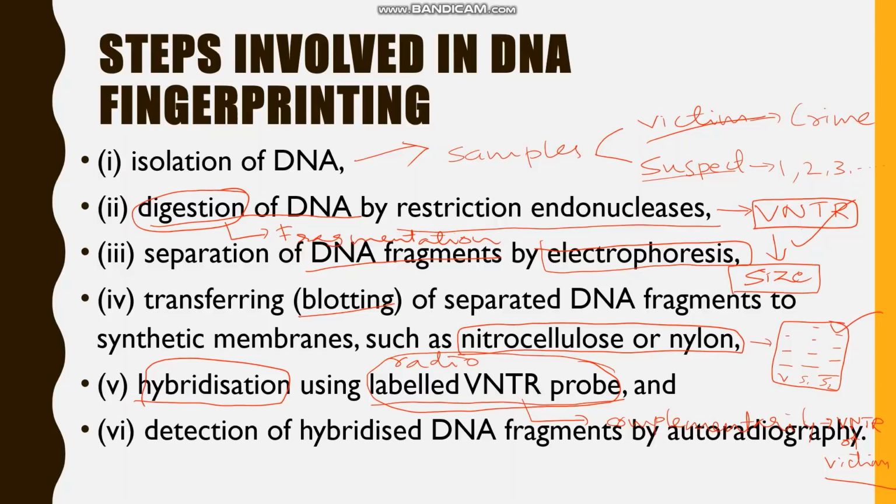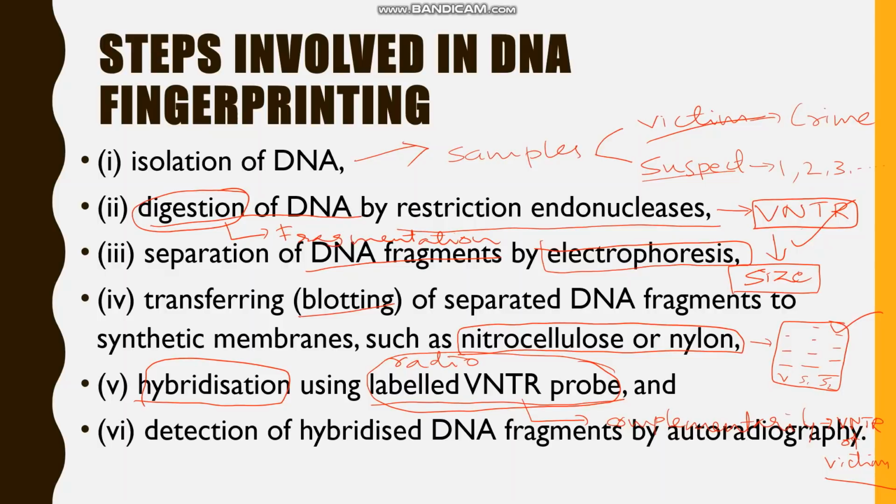Now, when the X-ray photograph of the nitrocellulose sheet is taken, the regions of the presence of hybridized DNA will appear in the form of dark bands. So the dark bands found in the X-ray photograph or autoradiograph indicate the presence of hybridized DNA.